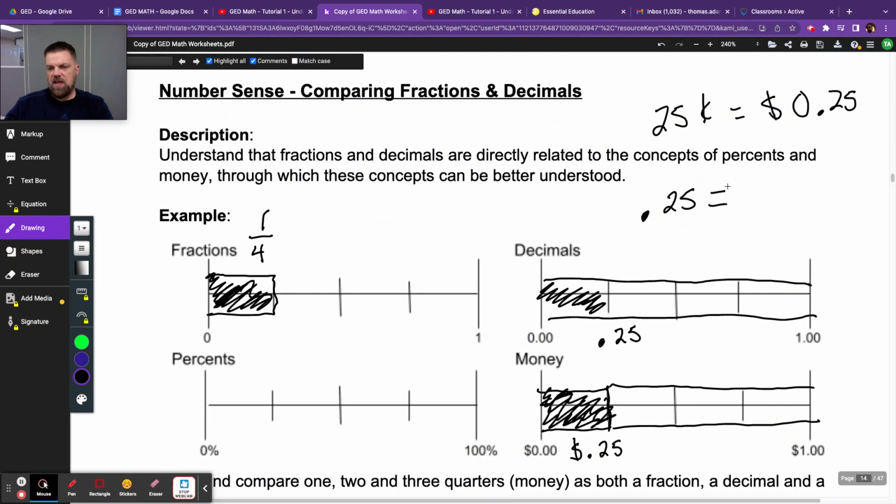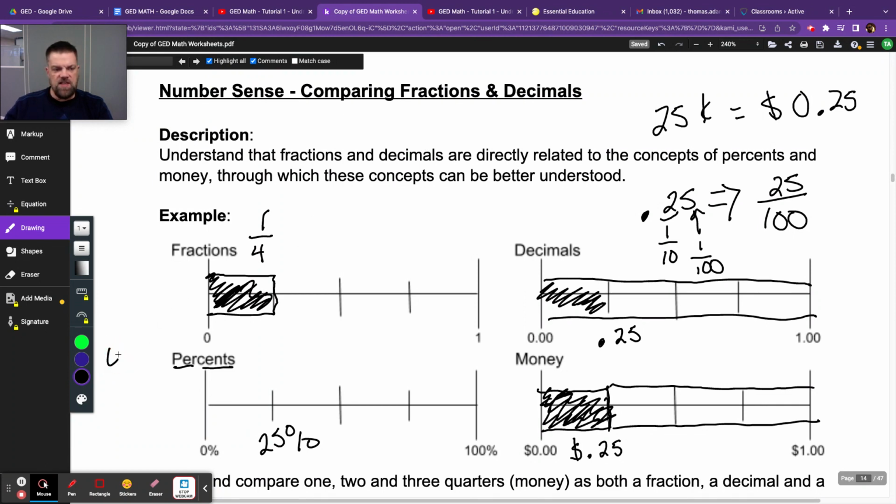But 0.25 is the same as 25 over, if you remember your decimals, this is the tenths place, 1/10, and this is 1/100. So 0.25 is the same as 25 100ths. And 25 out of 100 is 25%, right? So per literally means cent.